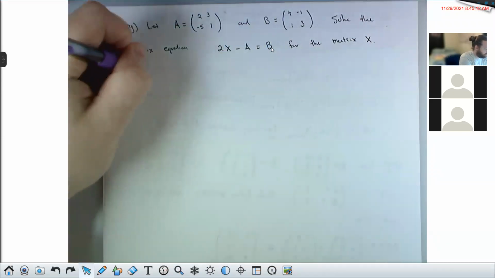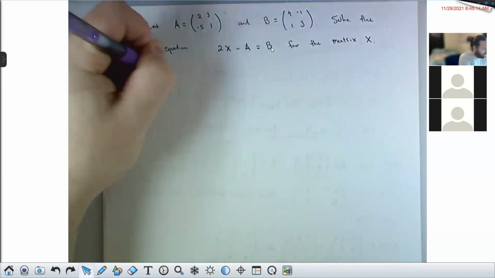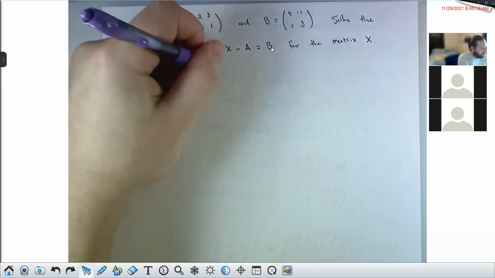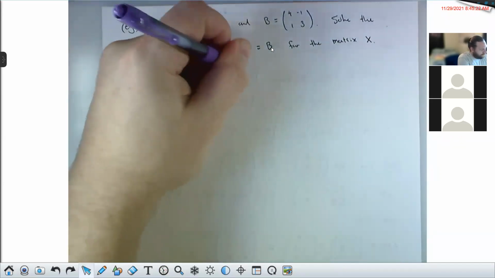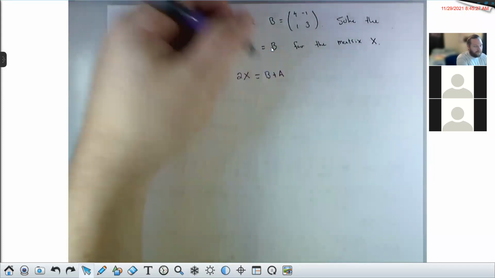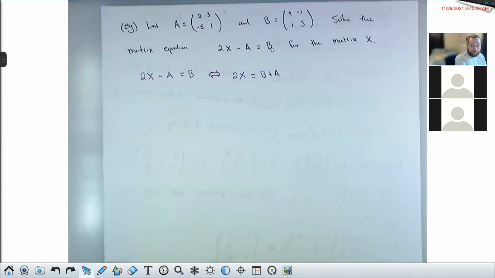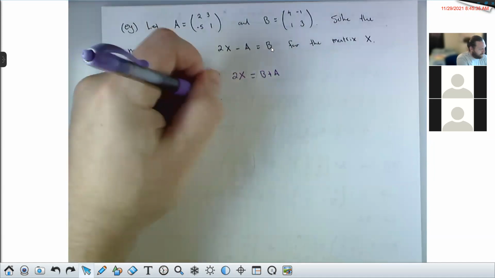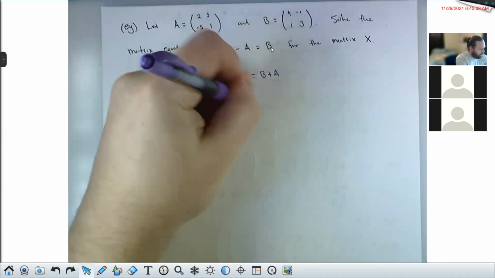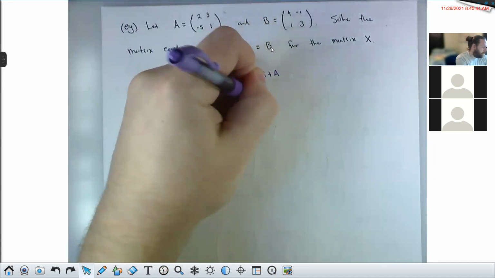In other words, 2X minus A equals B is equivalent to saying 2X equals B plus A. I can add the matrix A to both sides. And then if I want to get X alone, I can multiply both sides by 1/2.